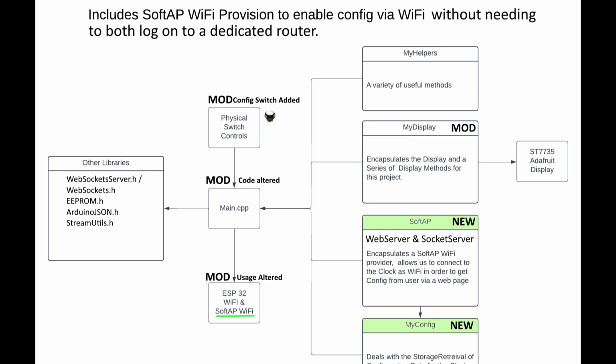If you turn the unit off, it will still be there when you turn it back on again. We added a switch which you'll see later on, which puts us into the config mode, and made a couple of mods to my display to give you some of the dialog information that you just saw in the thumbnail, with instructions for the user to follow. So that all being said, let's get into the code.